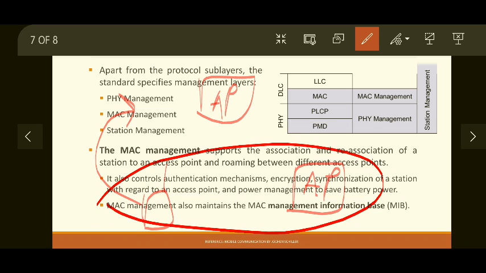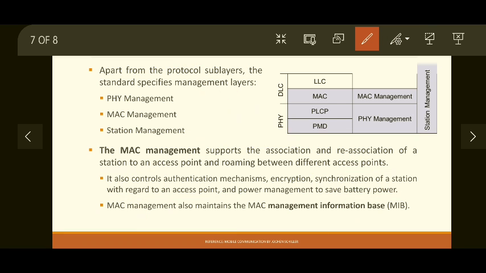So this is one basic service set, this is another. If you roam towards another basic service set, again association and reassociation problems will happen because the radio frequency will change, and that again will be handled by the MAC management layer. So roaming between different access points is also handled by the MAC management layer.